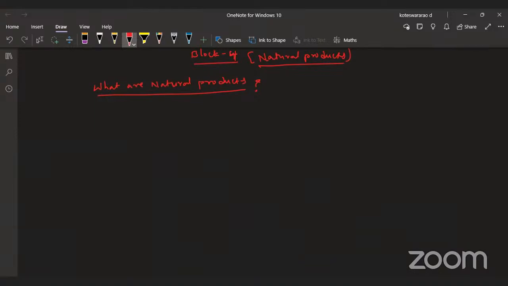But in chemistry, it is any chemical substance isolated from nature. Nature means a plant, an animal, soil, or marine plants, marine soil and marine water. These are the natural resources. Therefore, any compound, material or chemical entity which is isolated from nature is called a natural product.